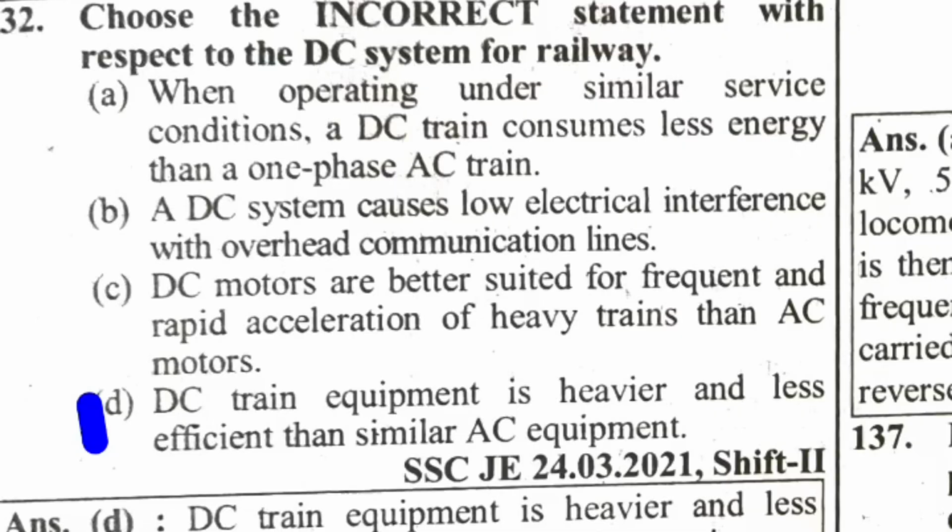When operating under similar service conditions, a DC train consumes less energy than a single phase AC train. A DC system causes low electrical interference with overhead communication lines. DC motors are better suited for frequent and rapid acceleration of heavy trains than AC motors.